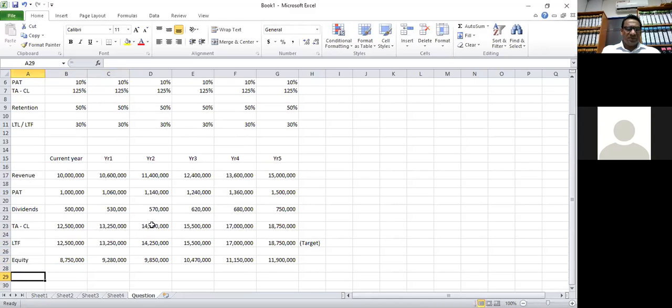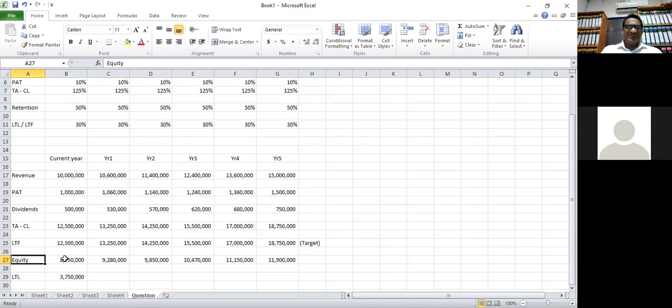Now, gearing. They want to maintain gearing at 30%, so basically equity has to be 70%. I can take this divided by 70, multiplied by 30. That is the value of long-term liabilities.